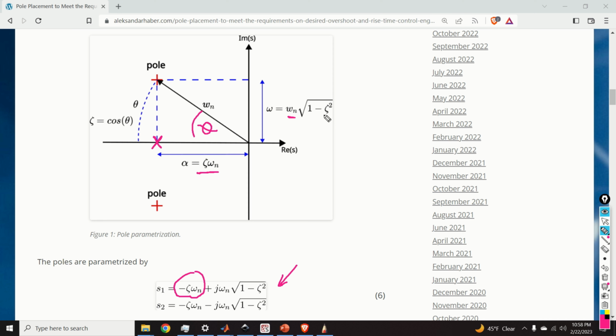So we have 1 minus zeta squared under the square root. And these are our complex poles that are parameterized in terms of zeta and omega n.